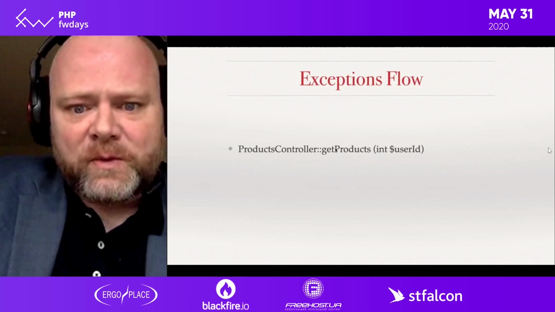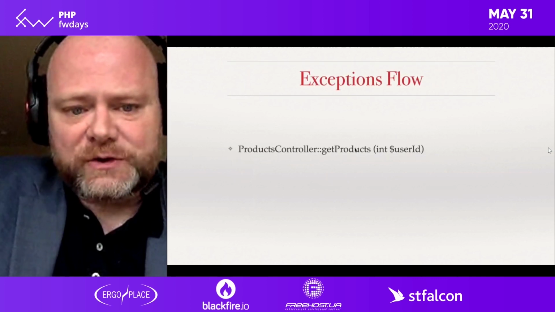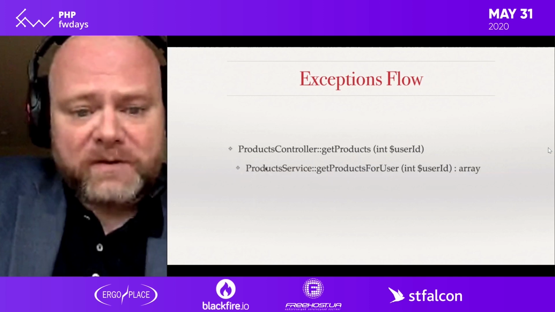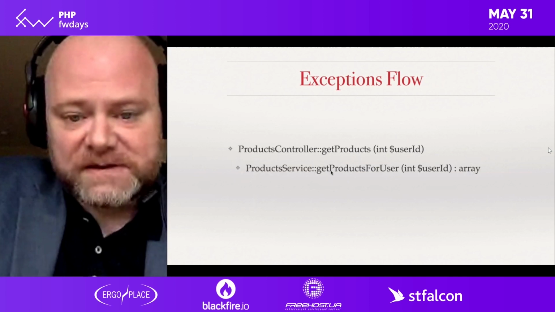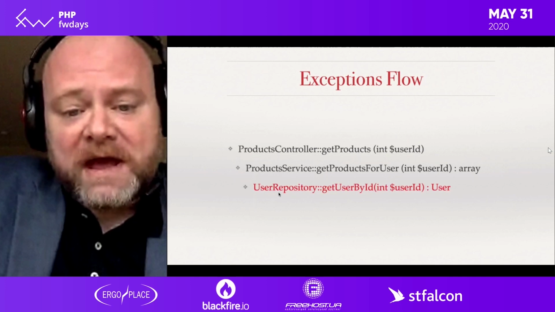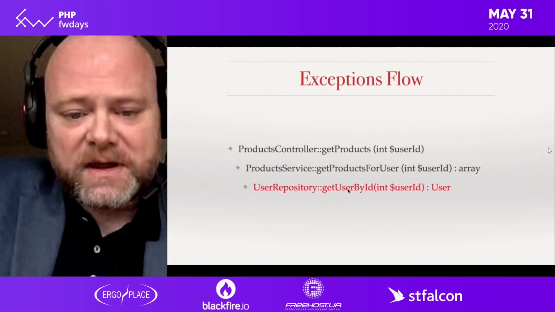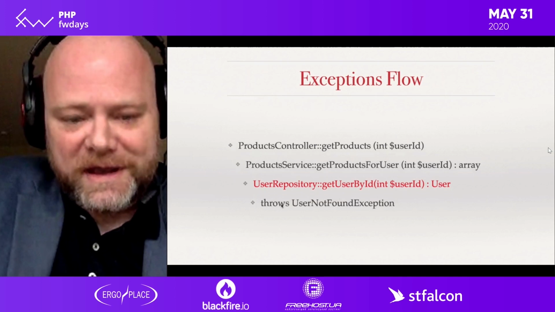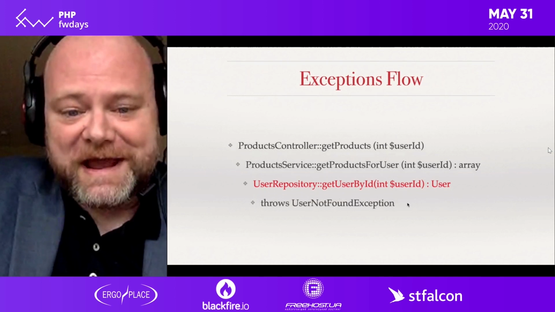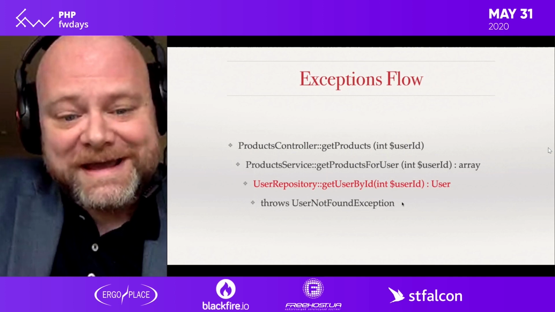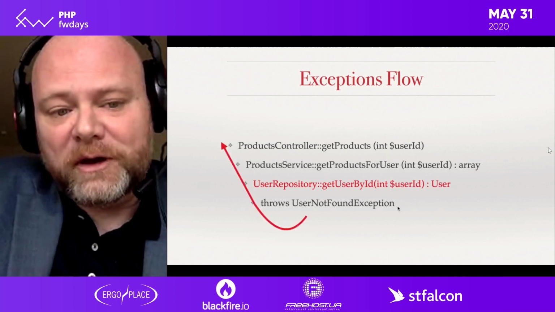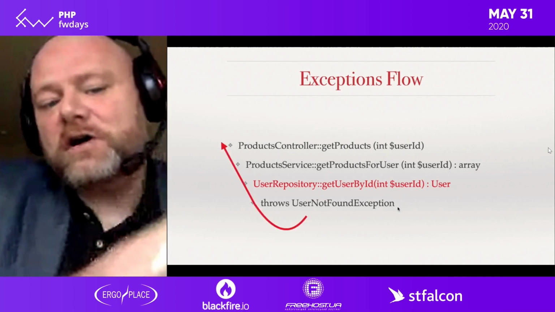As we looked at earlier, we have our products controller. Below it, we have our service. And then below it, we have our user repository. And this user repository is going to throw a UserNotFoundException. And that exception is going to basically bubble up through the entire call stack.